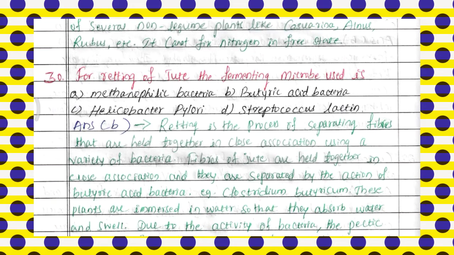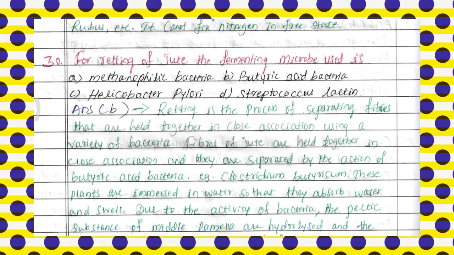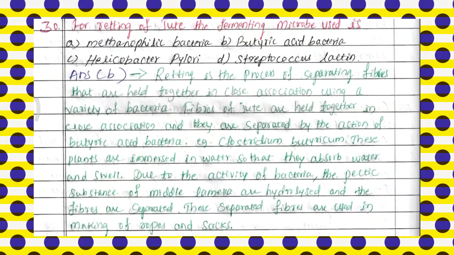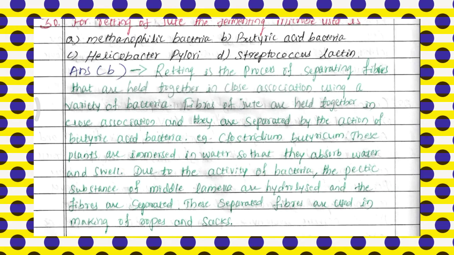Retting is the process of separating fibers that are held together in close association using a variety of bacteria. Fibers of jute are held together in close association and they are separated by the action of butyric acid bacteria. Example: Clostridium butyricum.